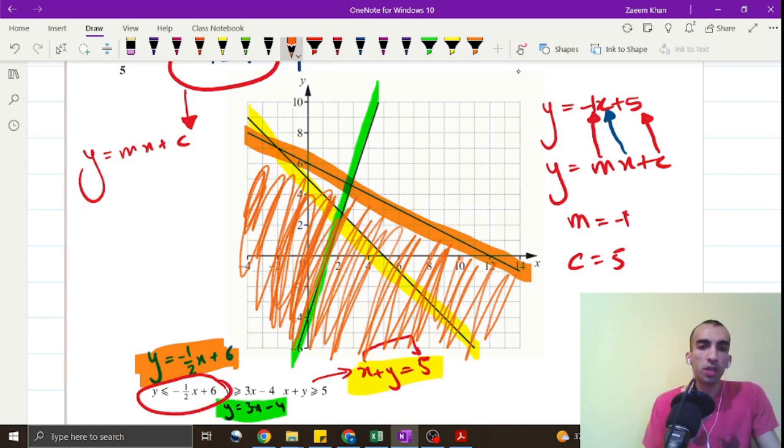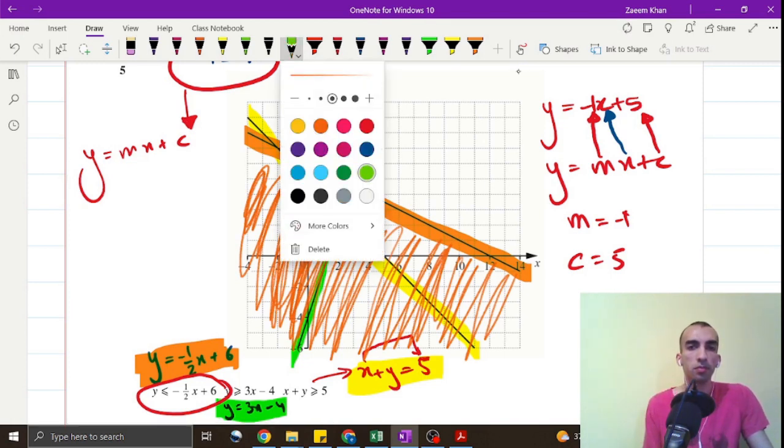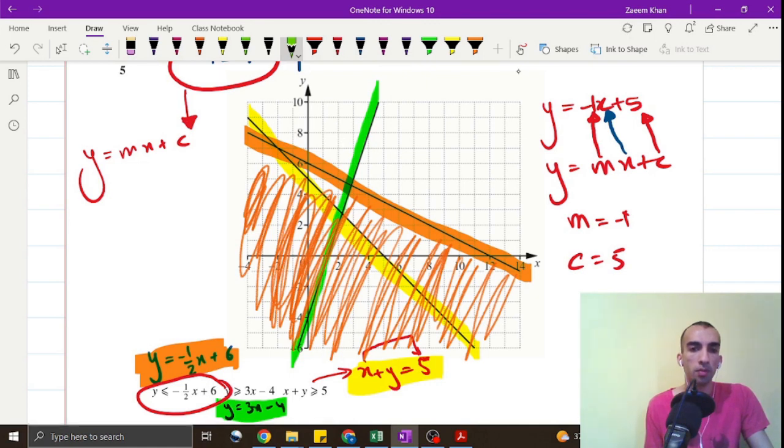Are we supposed to stay towards the right of? Then let's talk in terms of above or below. Are we supposed to stay above the green line or below? Above, because it says greater than.